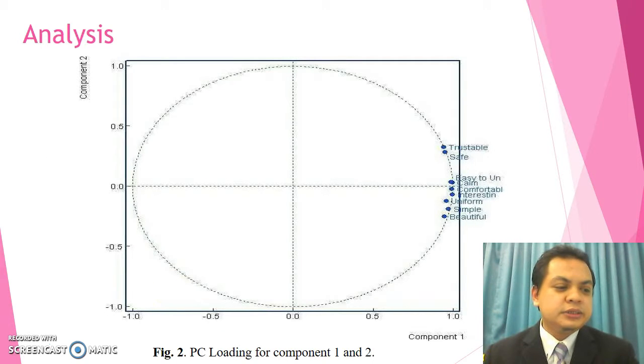So for the PC loading, three types of PCA outputs were calculated. The first one is PC loadings. The second one is PC score. For the PC loading, we want to identify the strength and influence of the components on the structure of the Kansei, and also determine the relationship between Kansei and specimen.